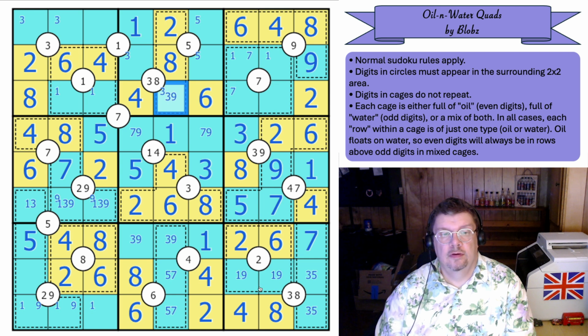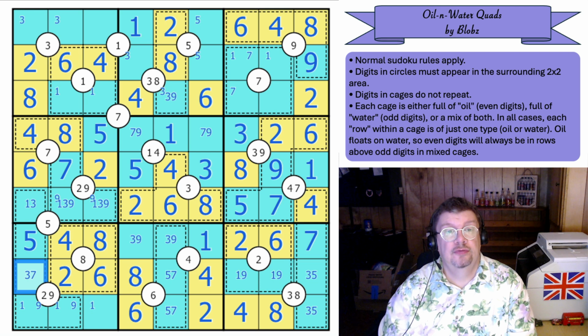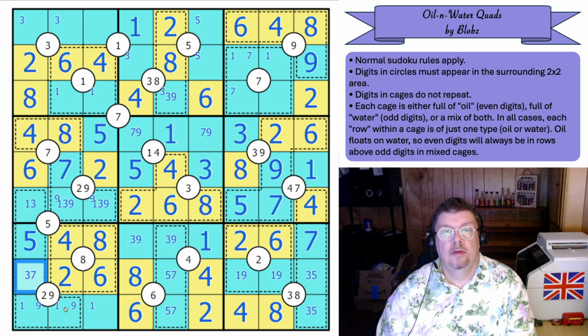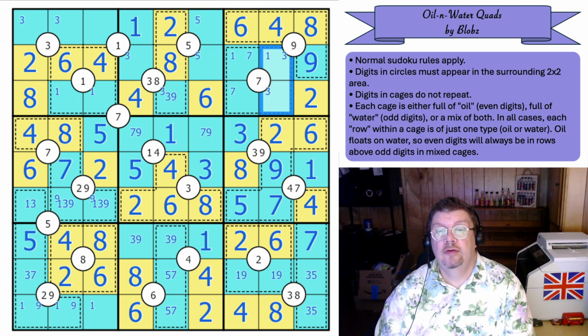Where to look next? This digit is not 1 or 9, so it's 3, 5, or 7, but it's not 5, so that's 3 or 7. Okay, those are not 3, so we have a 3 in one of those two.